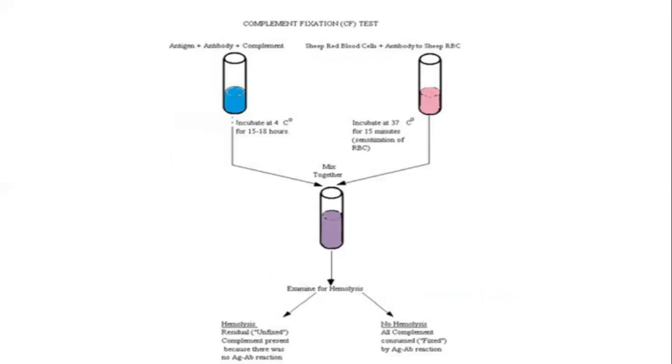This is a schematic diagram. Here in the first tube, the blue one, you can see that the antigen, antibody, and the complement proteins are added. Incubate at 4 degrees centigrade for 15 to 18 hours.